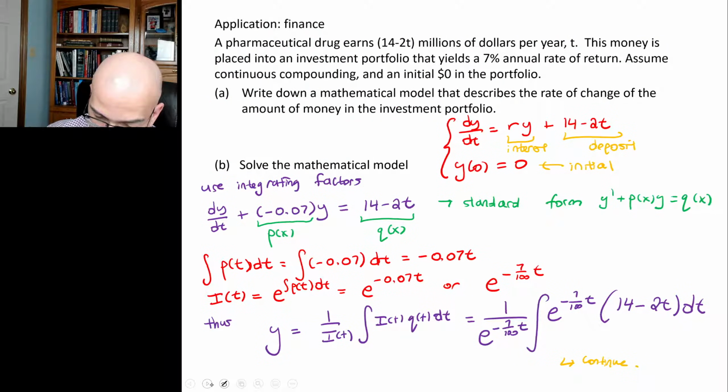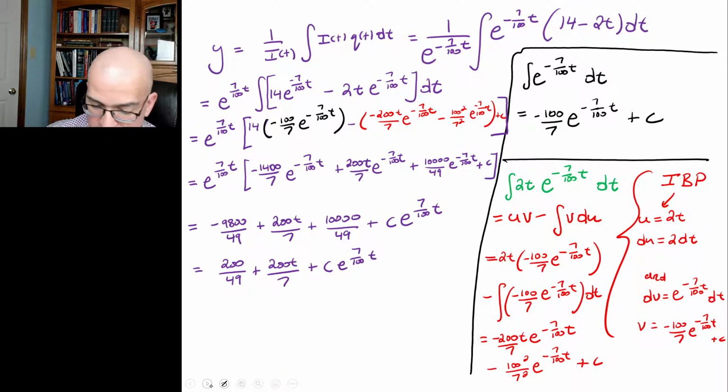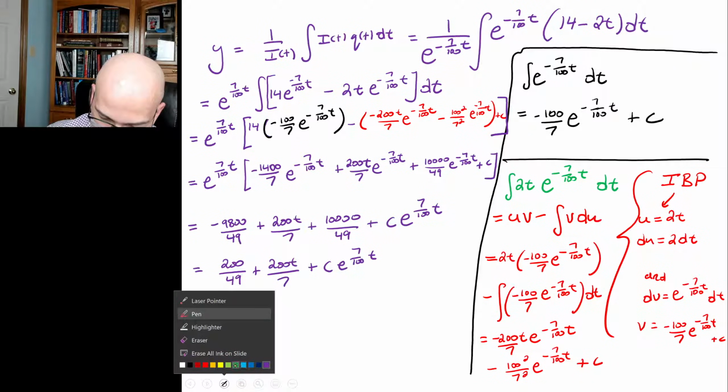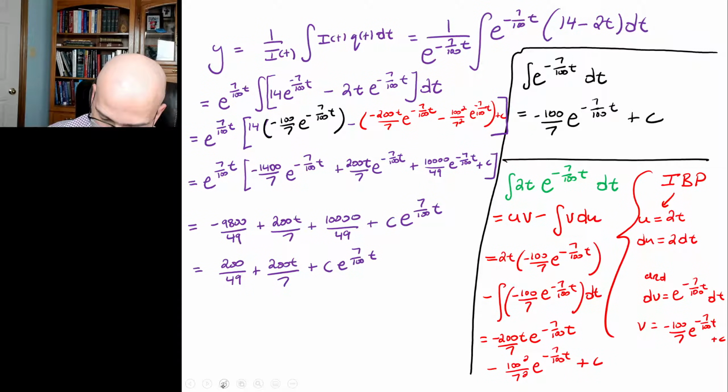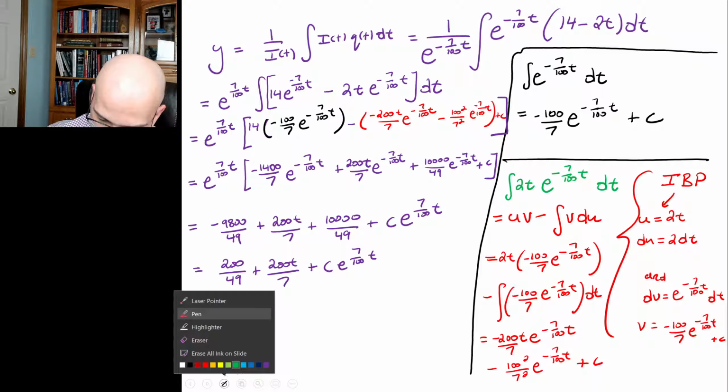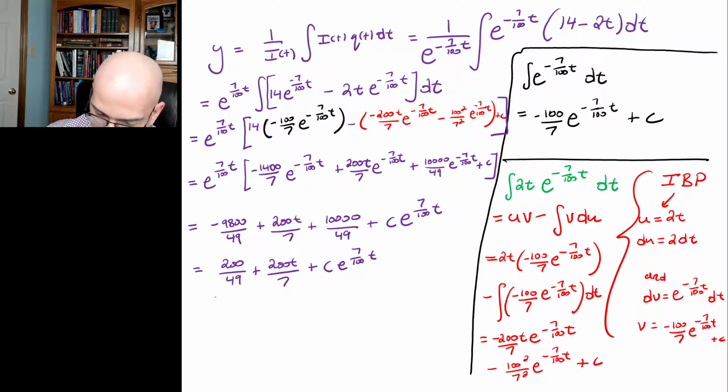And then it says y of 0 is equal to 0. So 0 is equal to 200 over 49 plus 0 plus c e to the 0. So c is equal to negative 200 over 49.